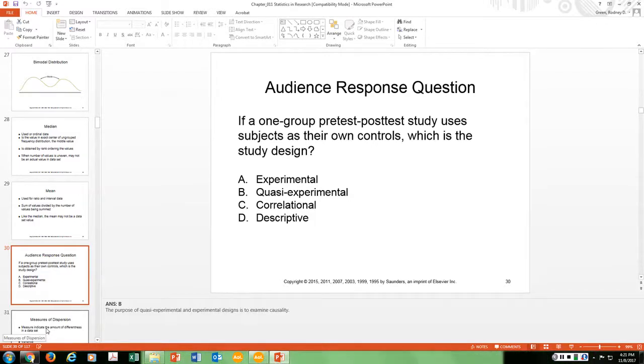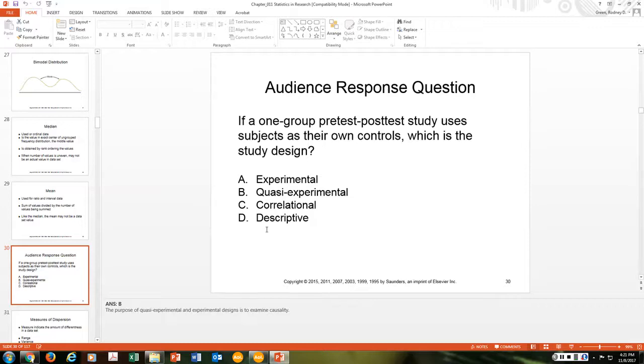If a one-group pre-test, post-test study uses subjects as their own controls, which is the study design? Experimental, quasi-experimental, correlational, or descriptive? The answer is B. The purpose of quasi-experimental and experimental designs is to examine causality.